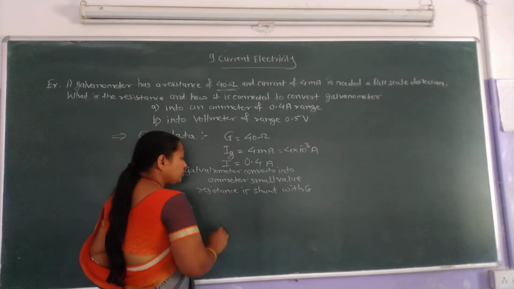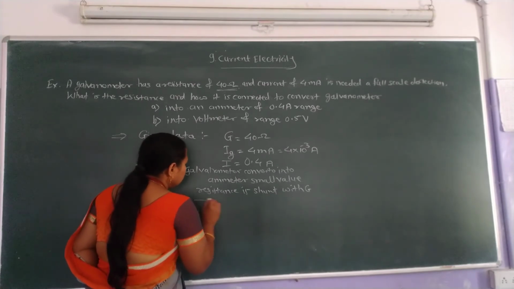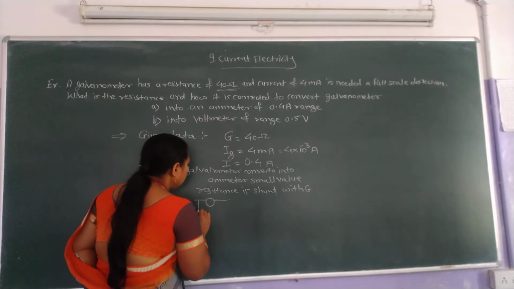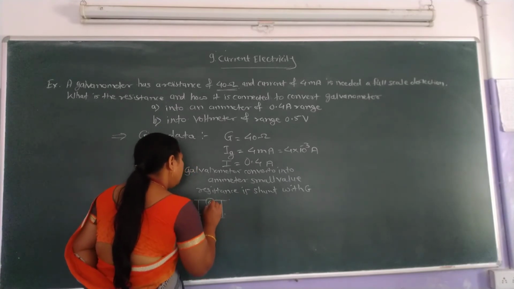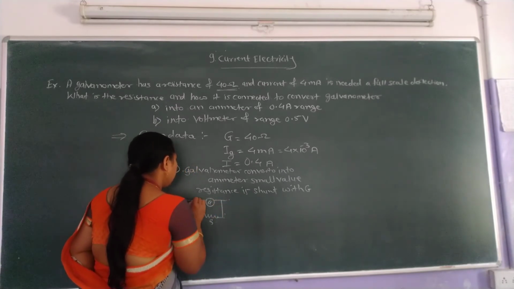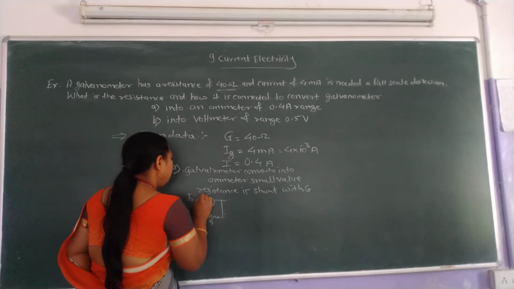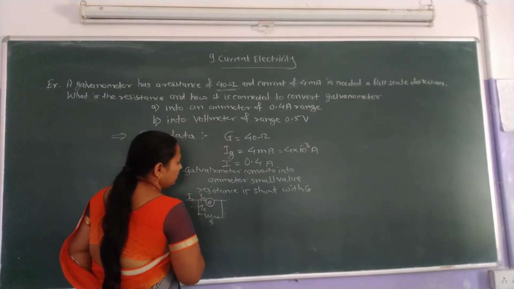The shunt resistance and G are in parallel combination, where the current is I and it splits into Ig and Is.